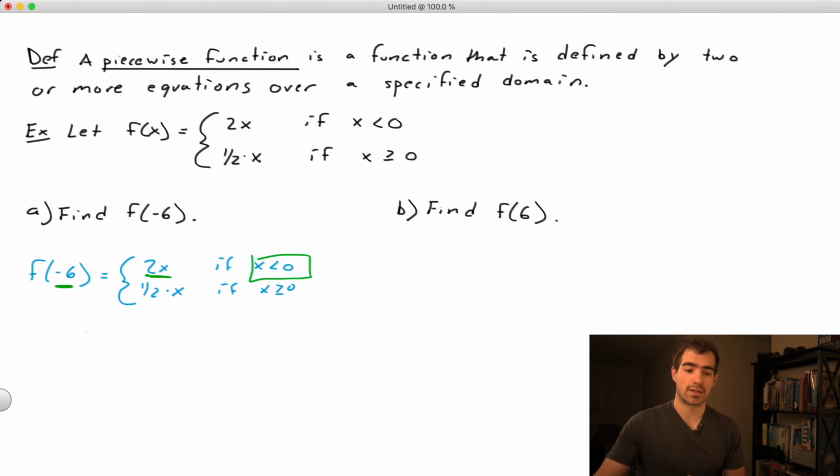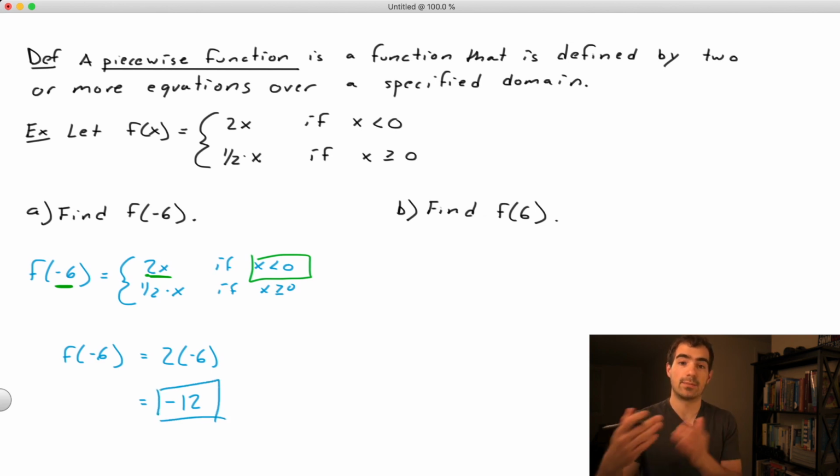In other words, f of -6 will be evaluated by 2x, or equal to 2 times -6. And of course we can do the arithmetic here. When we multiply 2 times -6, we get -12, and this would be our final result.